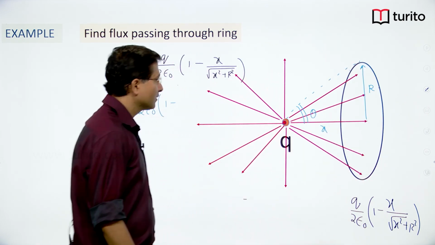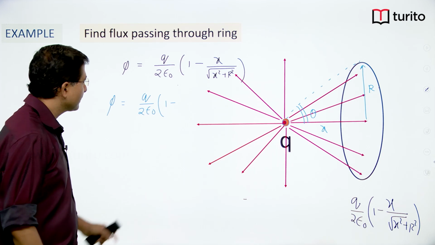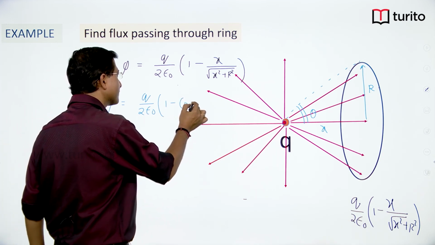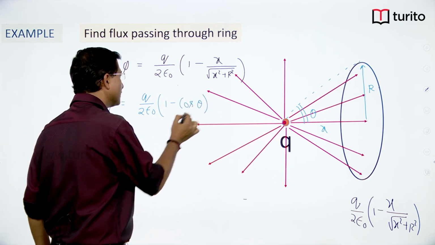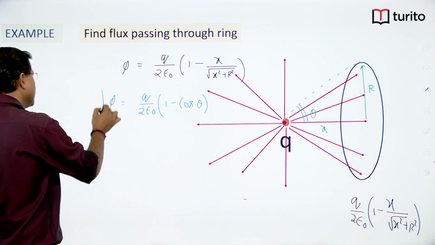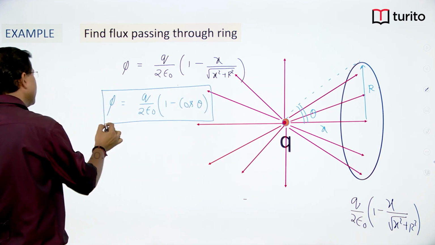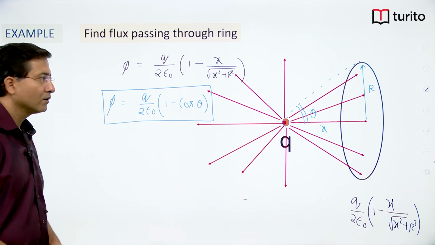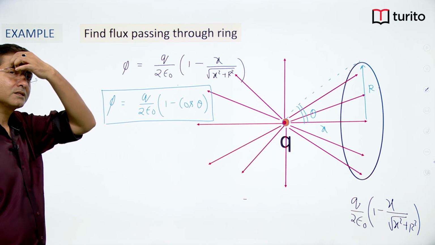Now, no confusion, I can write 1 minus cos theta. So, the flux associated with the ring is given by q upon 2 epsilon naught into 1 minus cos theta.